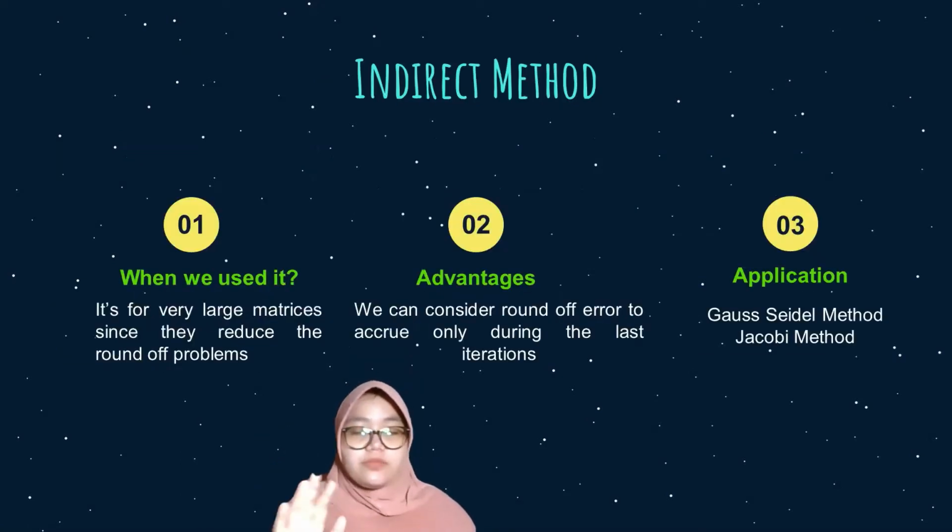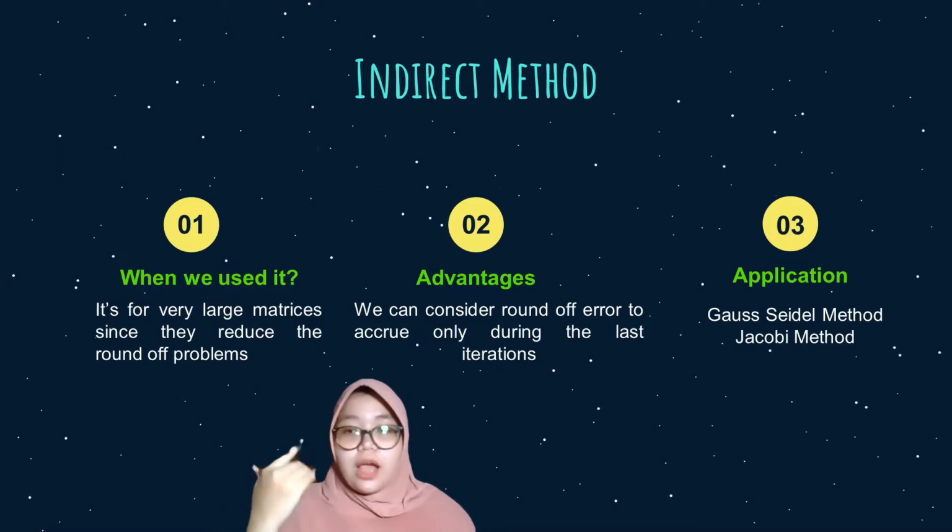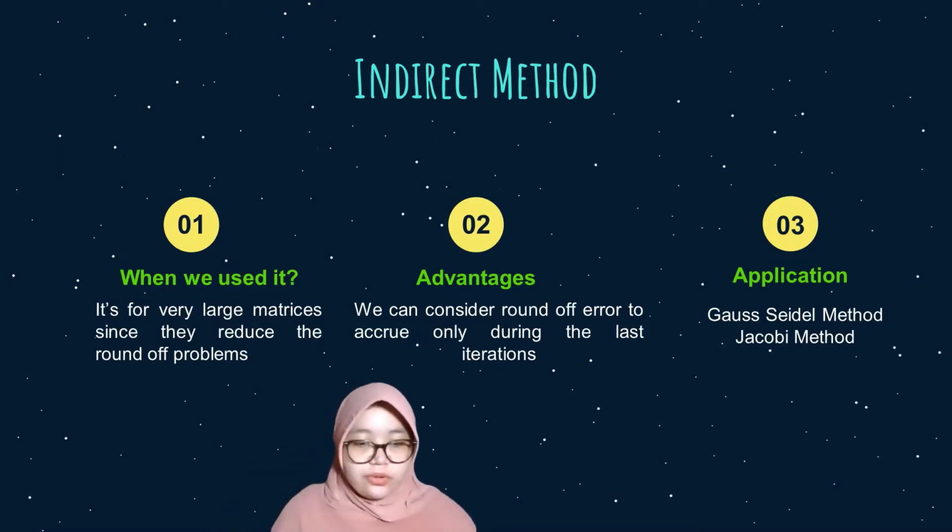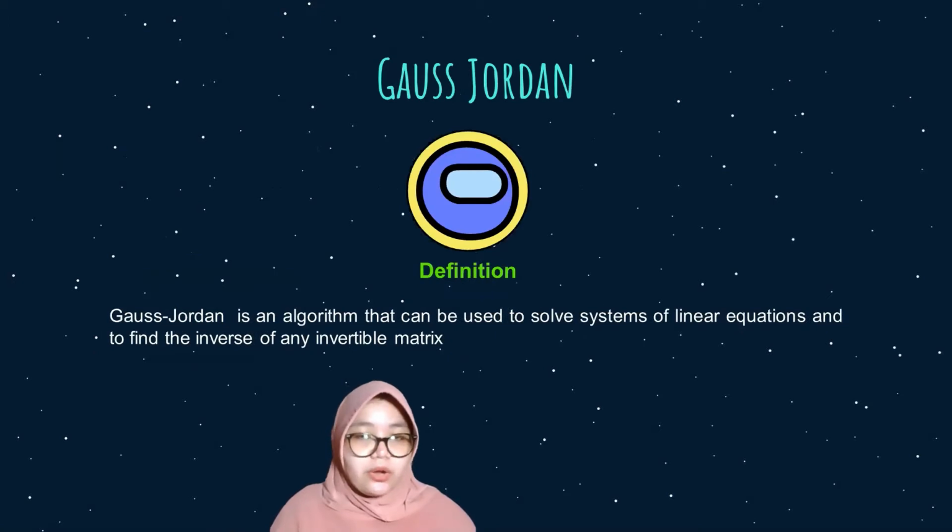The indirect method is used for very large matrices since it reduces the round-off problems. That error can be considered to accrue only during the last iterations, where it can be applied with Gauss-Seidel and Jacobi method. In this problem, we are going to use Gauss-Jordan.